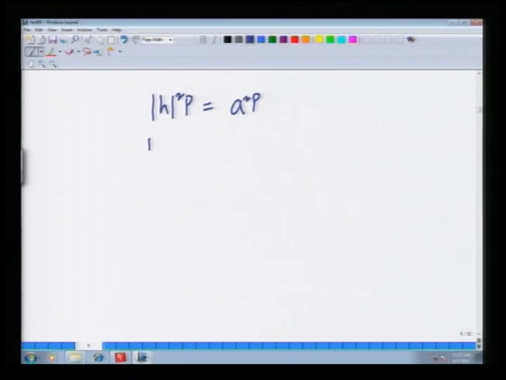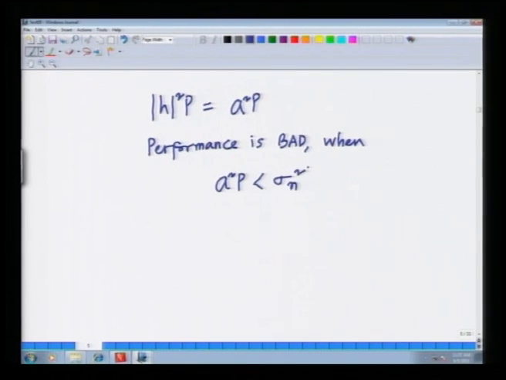We can say the performance is bad when A square P is less than sigma n squared, that is the power at receiver due to fading is less than the noise power, which means A square is less than sigma n squared over P, and recognize this sigma n squared over P is nothing but 1 over SNR.